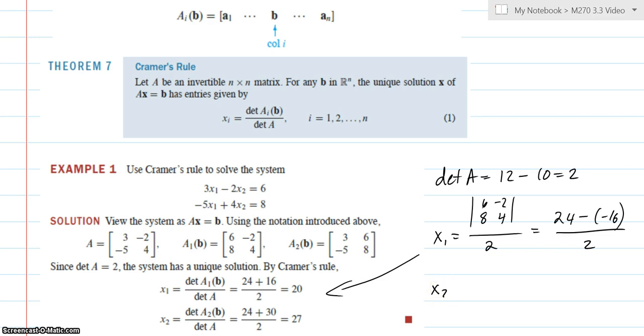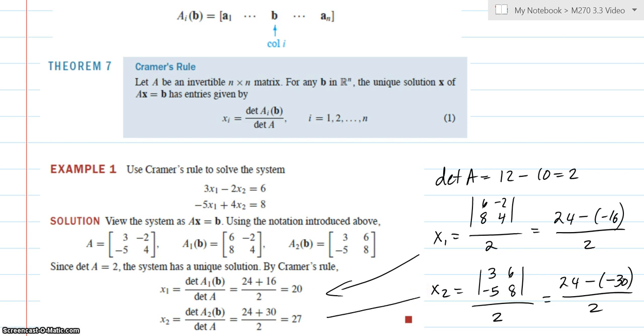And then the x2, again, it's going to be the determinant. Leave the first column like it is, but instead of the second column, I'm going to write that 6, 8. And then find the determinant of that, which is 24 minus a negative 30. So that's why they got 24 plus 30 there, divided by 2.